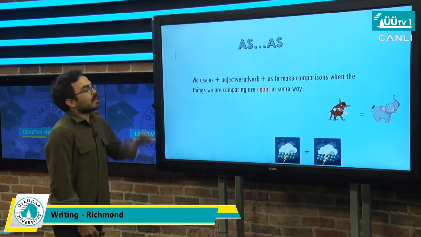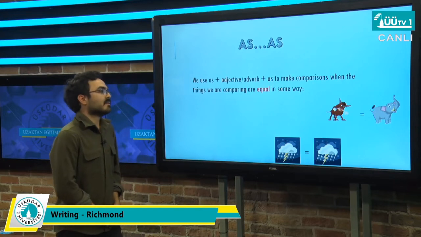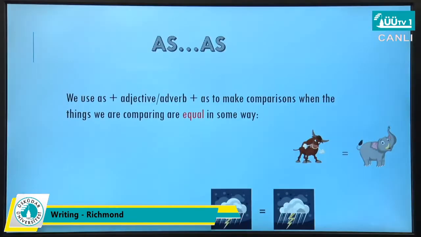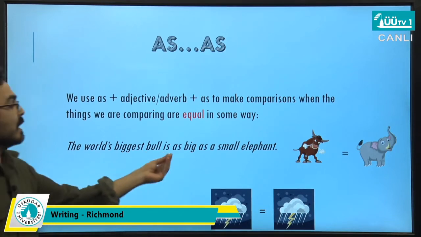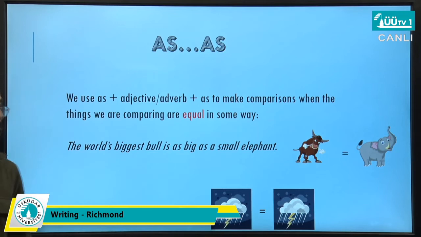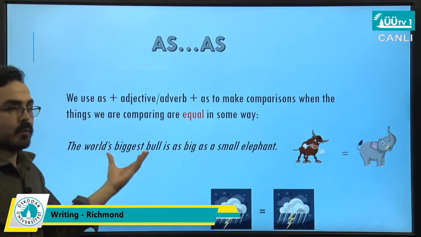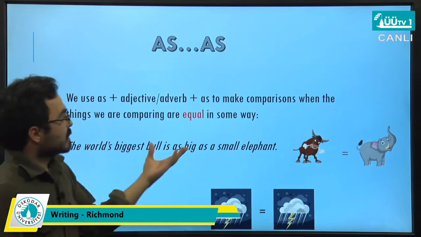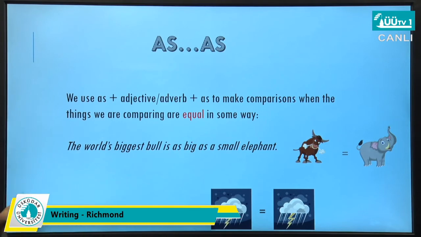Because we use as adjective as to make comparisons when the things we are comparing are equal in some way. The world's biggest bull is as big as a small elephant. I am comparing the bull with an elephant, and they are equal in their bigness.